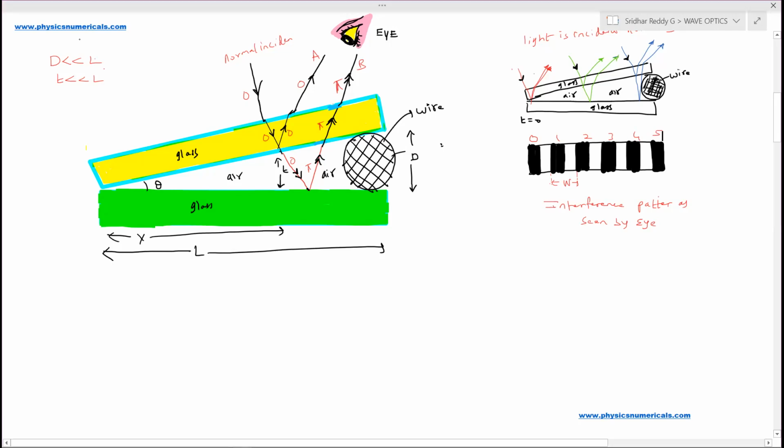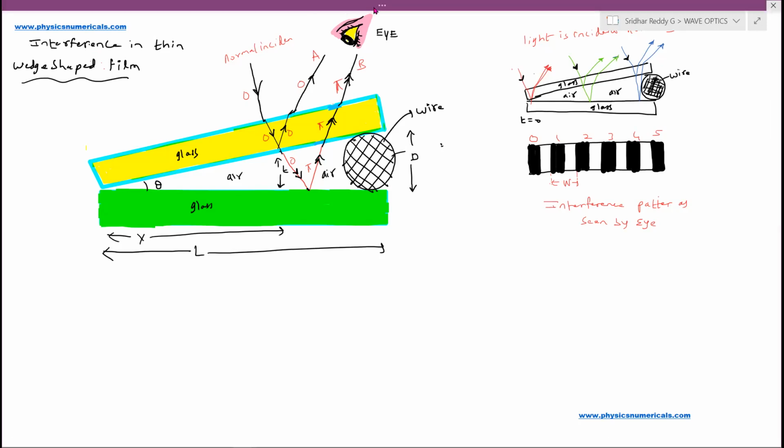So the name of the topic will be interference in thin wedge-shaped film. So what is that film? The film is the air. So how can that wedge-shaped air film be obtained?